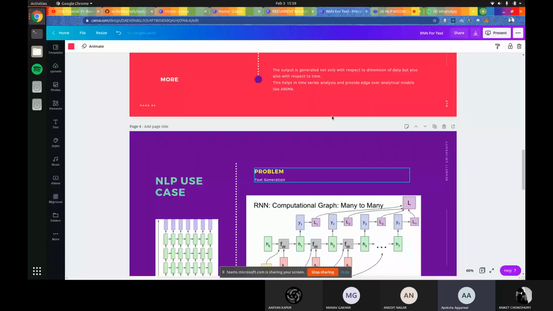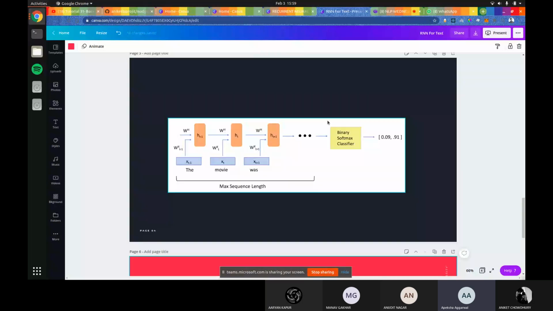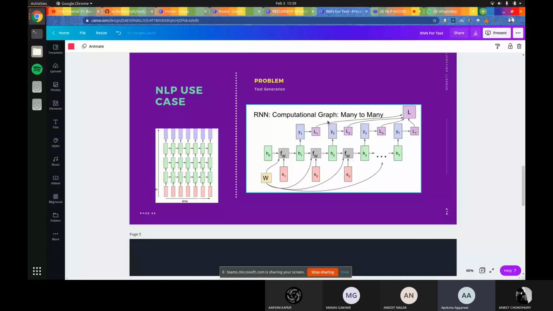Yeah, this one. Okay, so in terms of text, suppose you have a sentence, how do we give the sentence as input in the model? Previous slide. This one. Okay, over here. So you can see word by word it's mentioned.